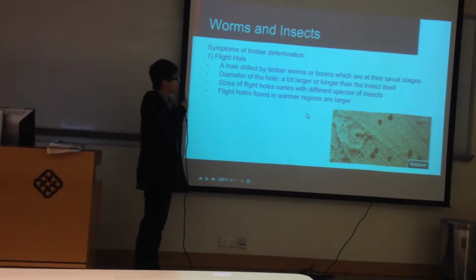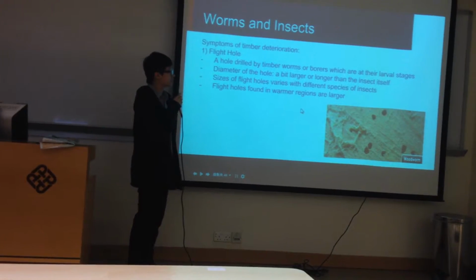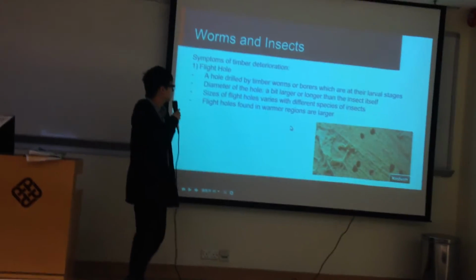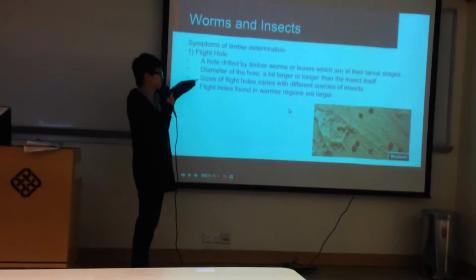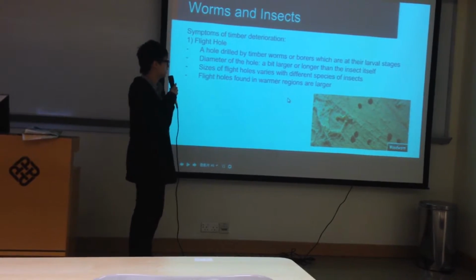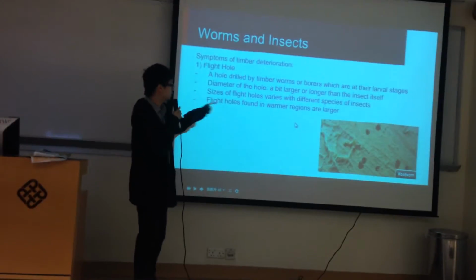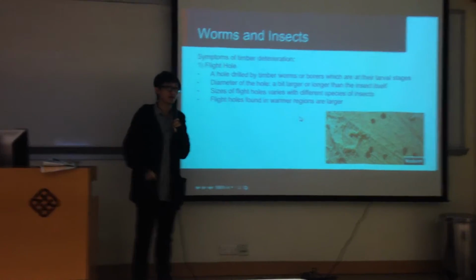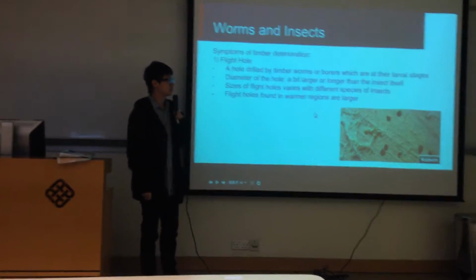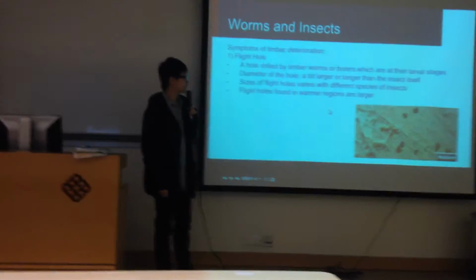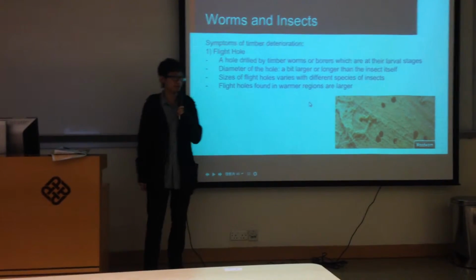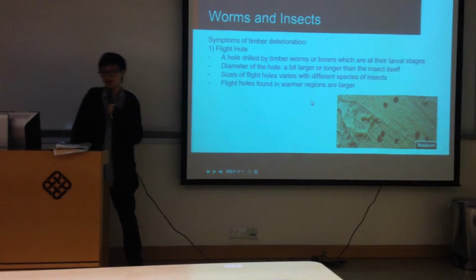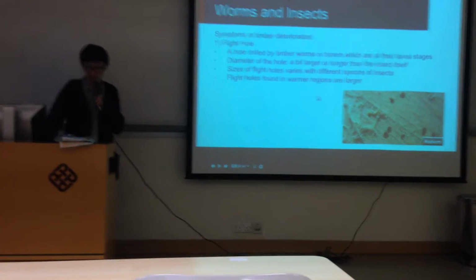The diameter of the hole is a bit larger than the insect itself. The size of the pinholes varies with different species of insects, and research found that in warmer regions they are usually larger. And some researchers claim that a larger hole we will call a shot hole, and a smaller hole we call a peephole.